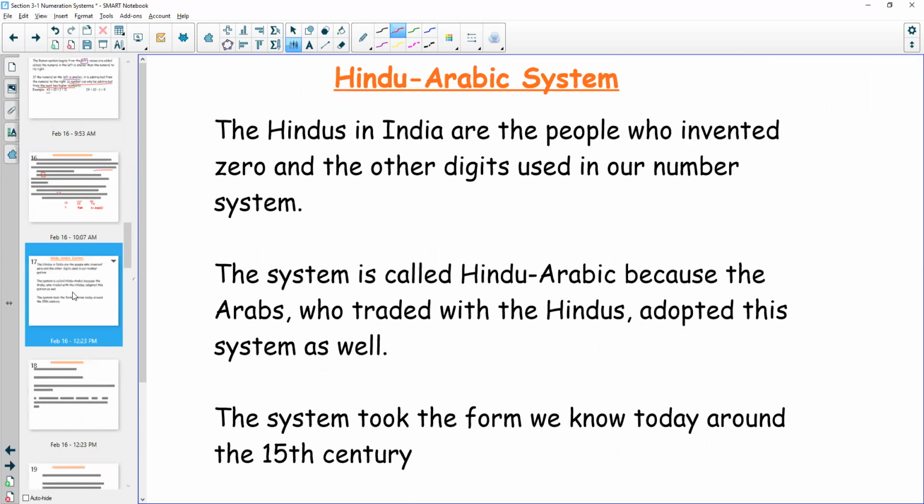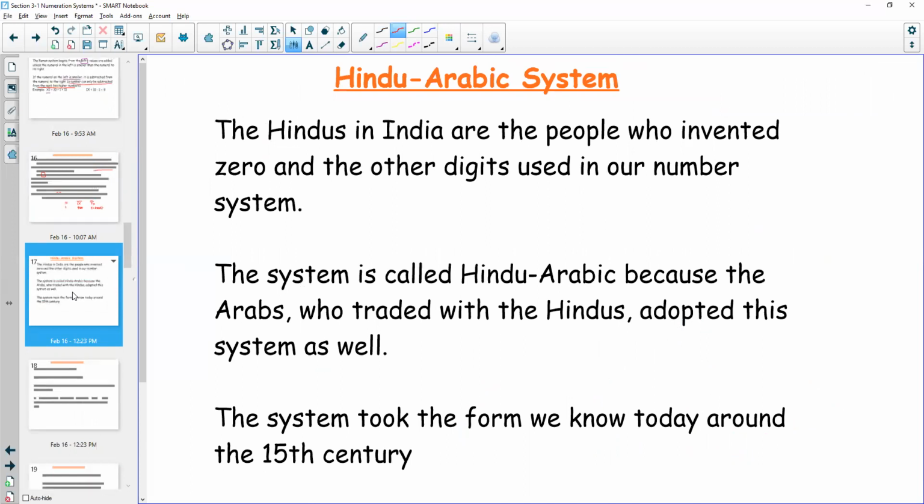All right, so before we do Roman numeral practice, we're going to talk about Hindu-Arabic. It comes from the Hindus in India originally, who began using 0, which is the big sort of forward movement in our system that other systems didn't have.